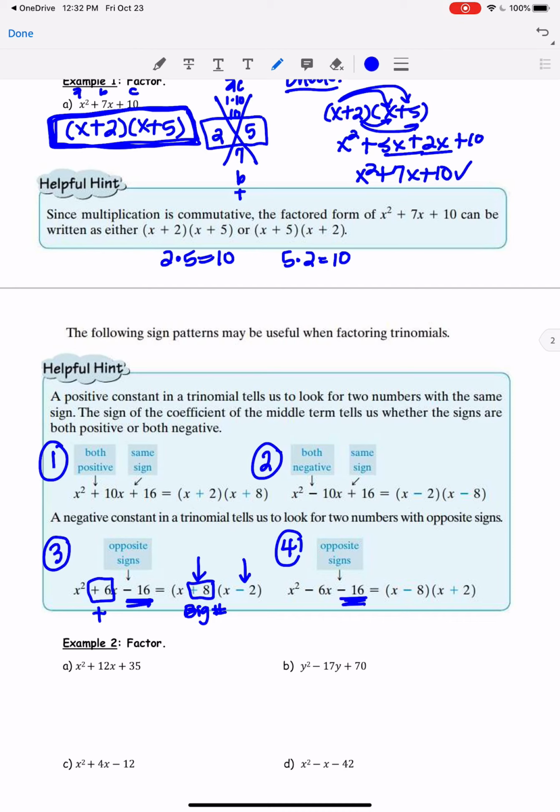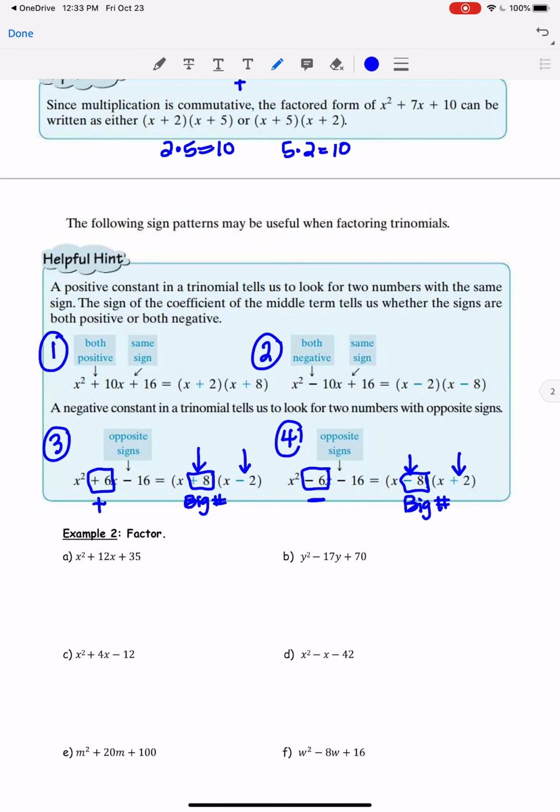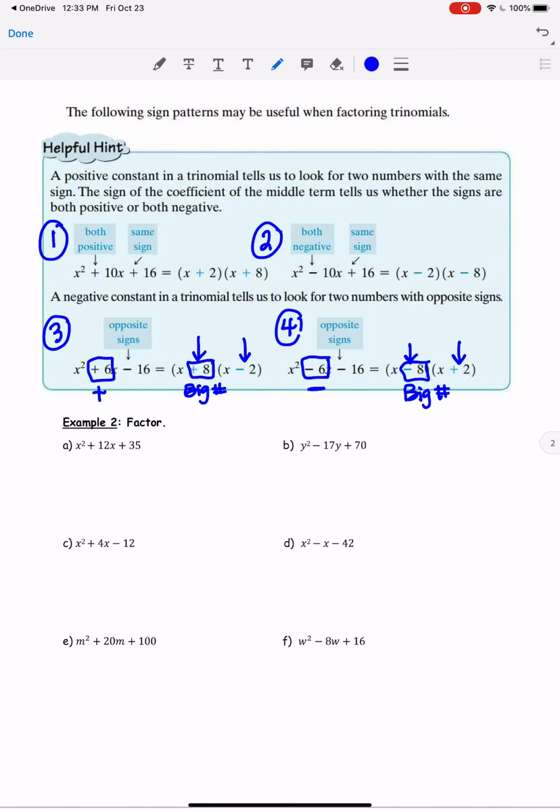The only difference is it's a plus 6x and then a minus 6x. So now, when you have a negative number here, we still need a negative times a positive. But now because my B term is negative, now my bigger number is negative. So if that's helpful, use it. If it's not, just ignore it.